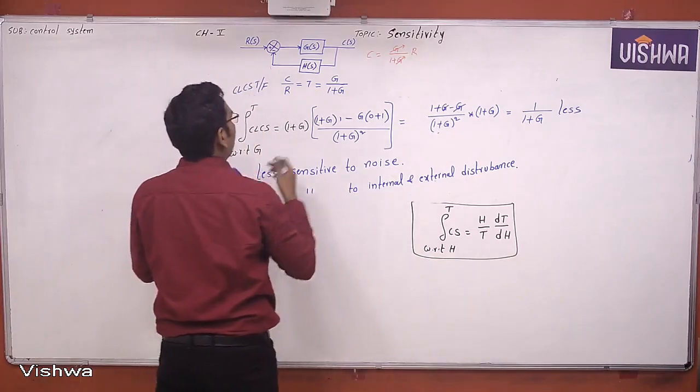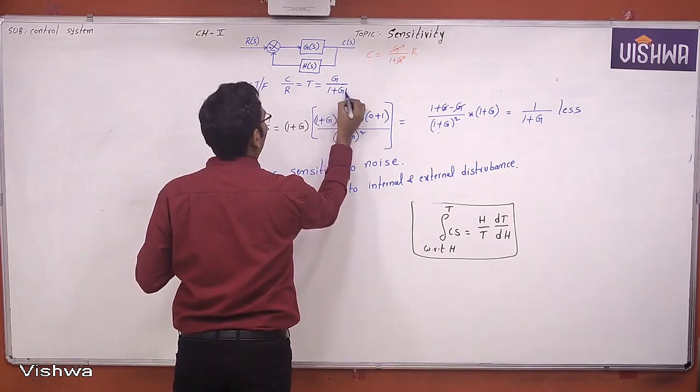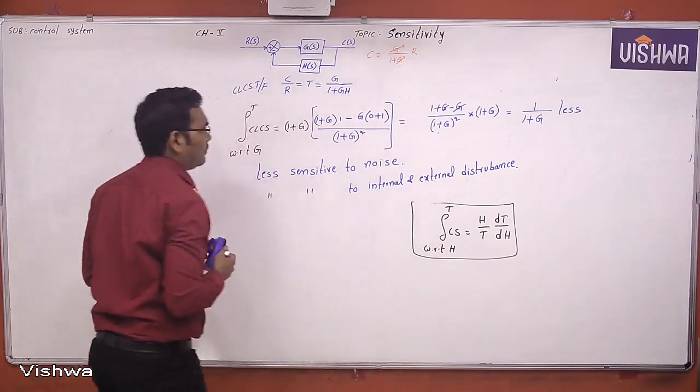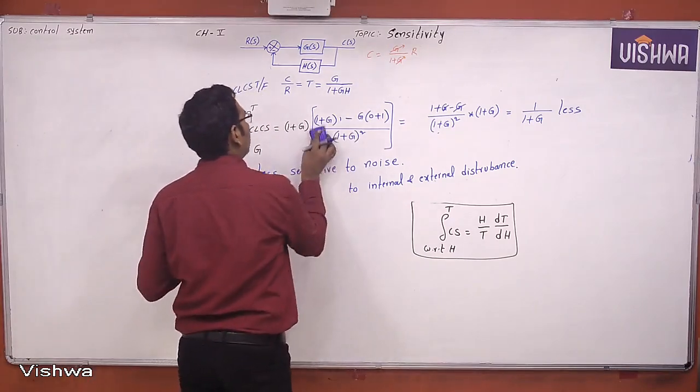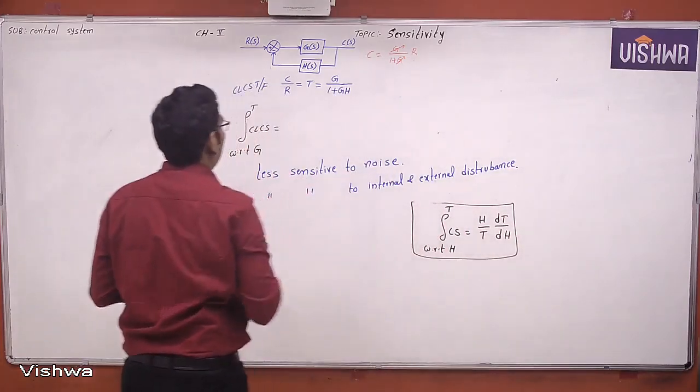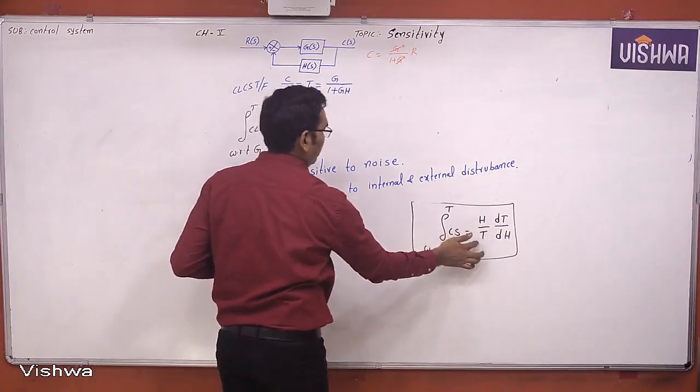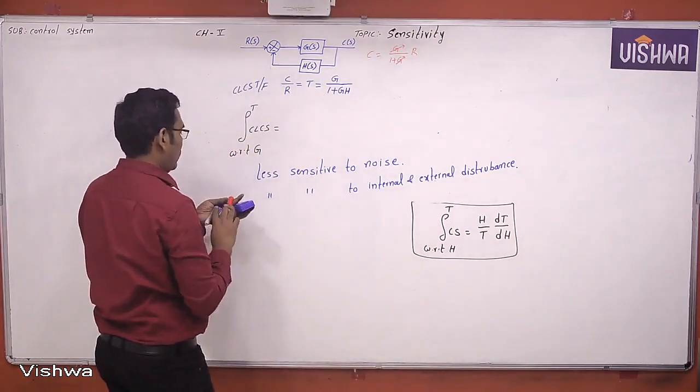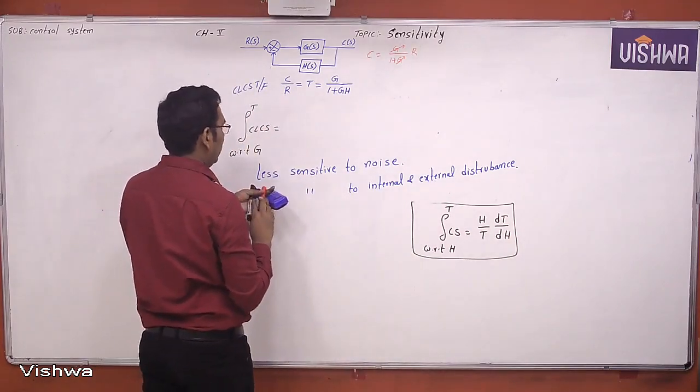Now the transfer function is G by 1 plus G into H. Now see here, this is the formula, S = (dT/T) by (dH/H)... you keep it as it is.